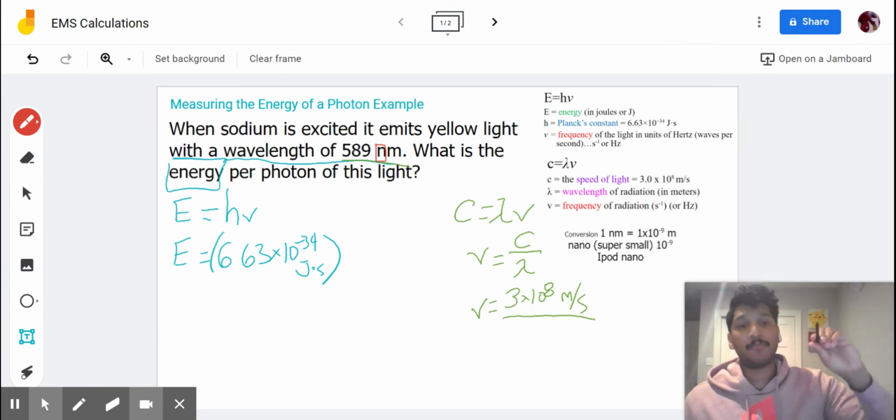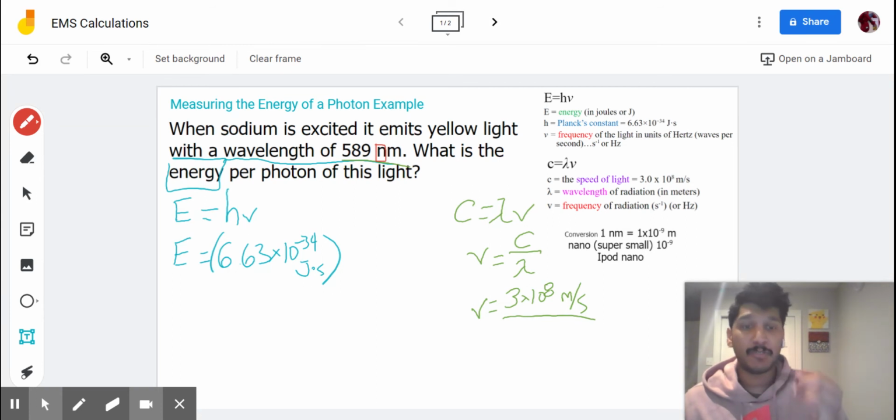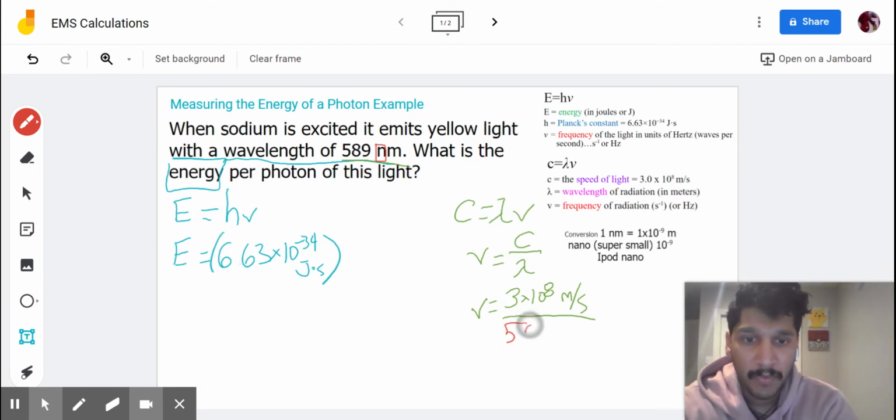That's like moving our decimal to the left 9 times, so it'd be a super, super small number, 0.000000589. But we can leave this in scientific notation. So we put 589 times 10 to the negative 9th meters.